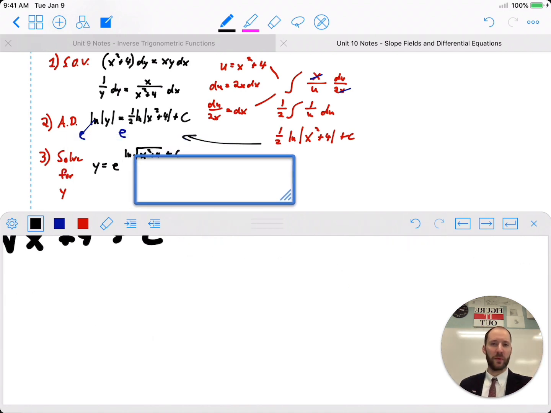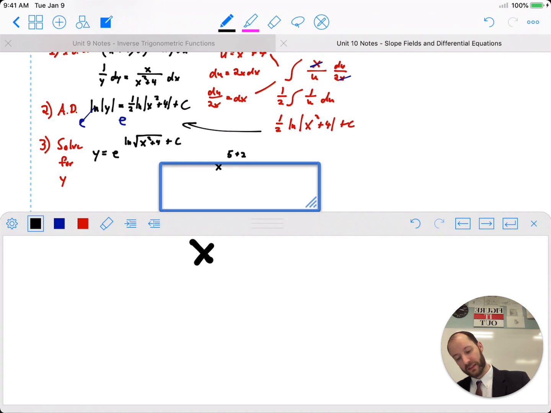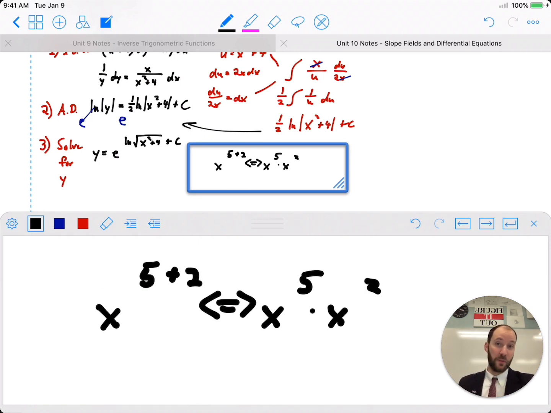And then remember how exponents work, right? So if you have x to the power of 5 plus 2, that's the same as x to the 5th times x to the 2nd. Those are the same thing, okay? So if you have a sum or difference in the exponent, you can break that up into a product or a quotient of two terms with the same base.